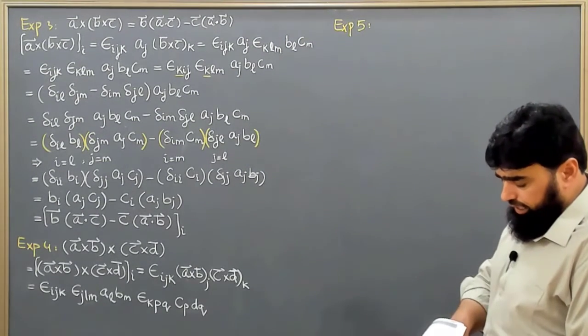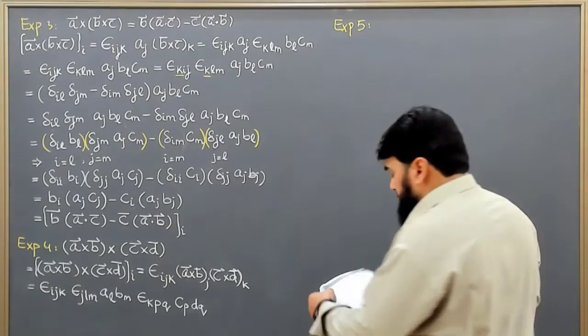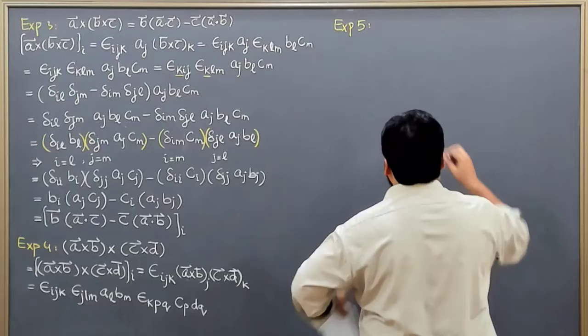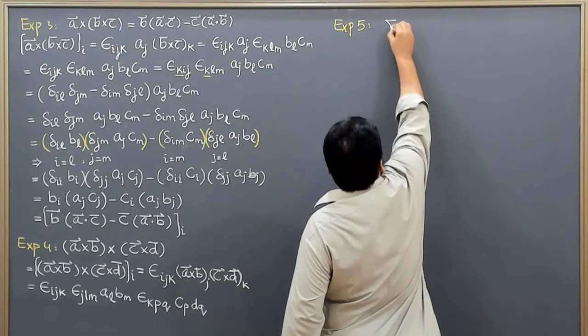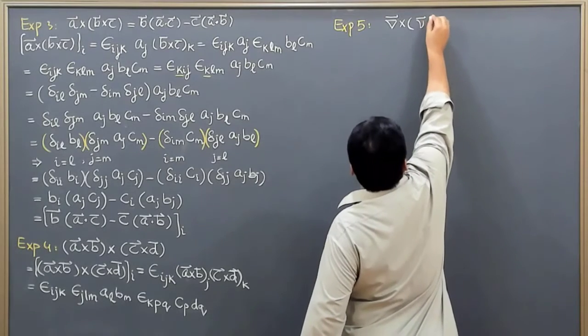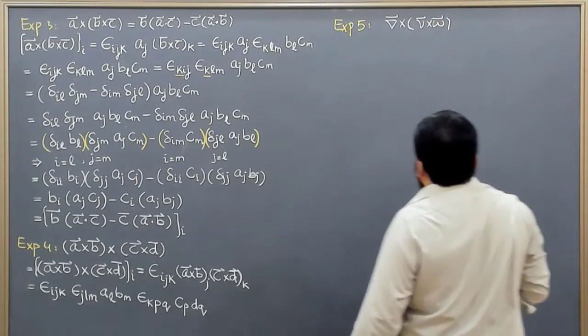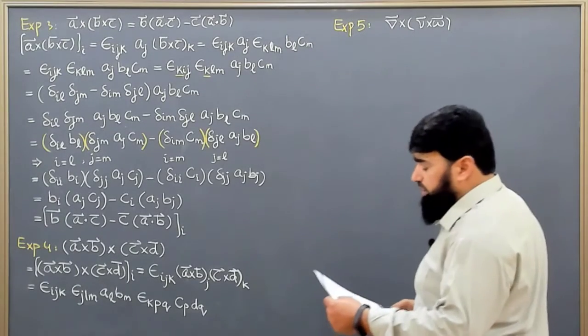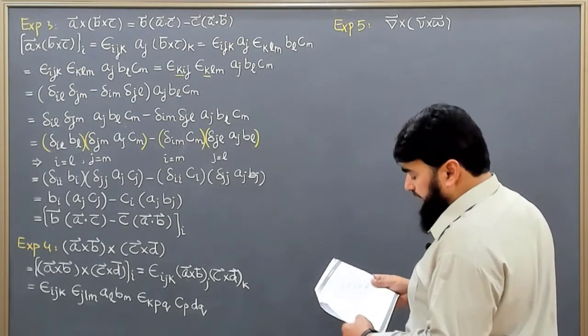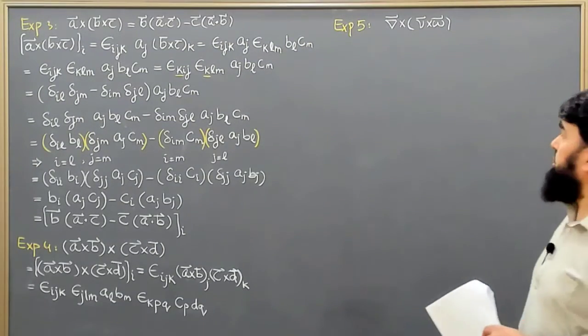Let's say it involves a differential, and the differential is such that we are having del cross V cross W, two vectors and a differential of this one, and I know what this relation is equal to. This is a very lengthy relation.